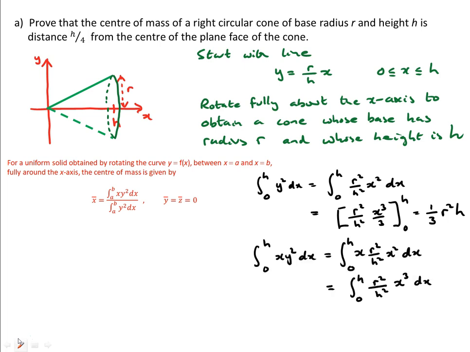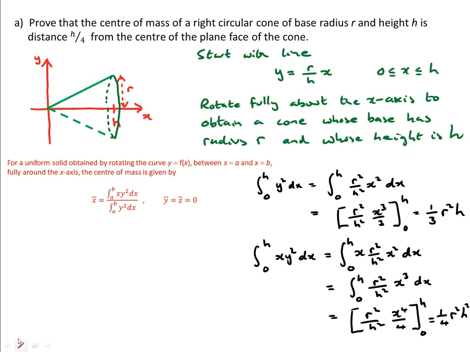We also have to work out the integral of xy squared. So that's the integral of x times r squared over h squared times x squared, because we know that y is r over h times x. So we've got to integrate r squared over h squared times x cubed, which gives me r squared over h squared times a quarter x to the 4, with upper limit of h and lower limit of 0.